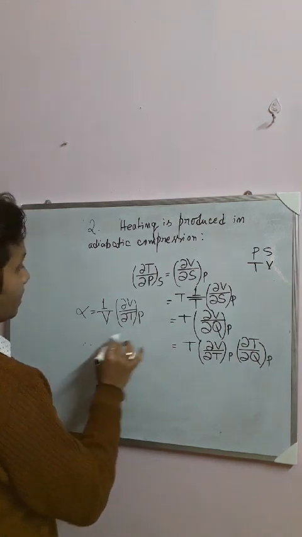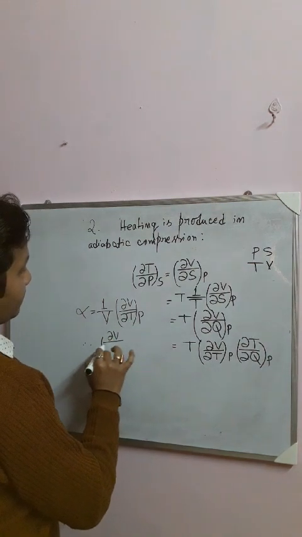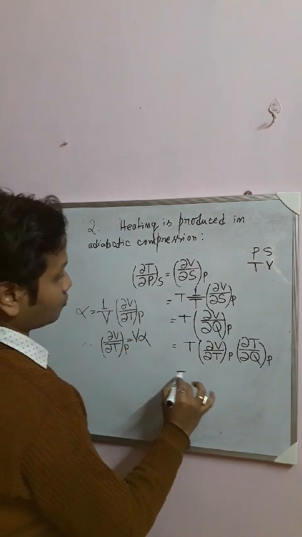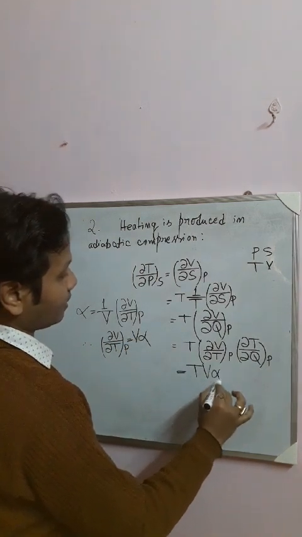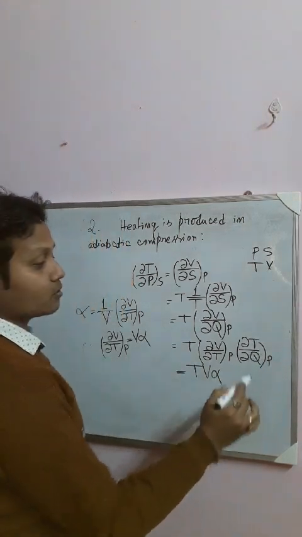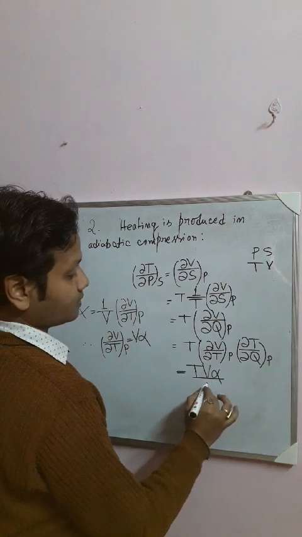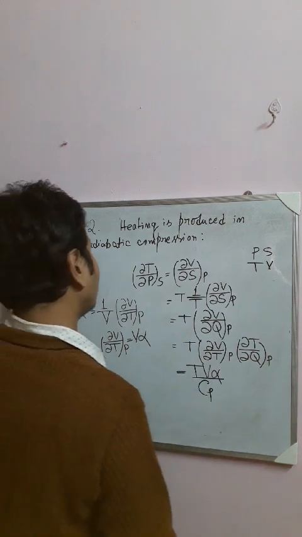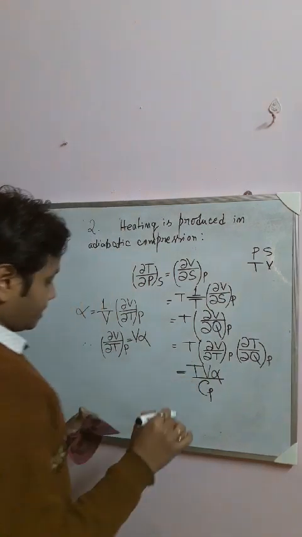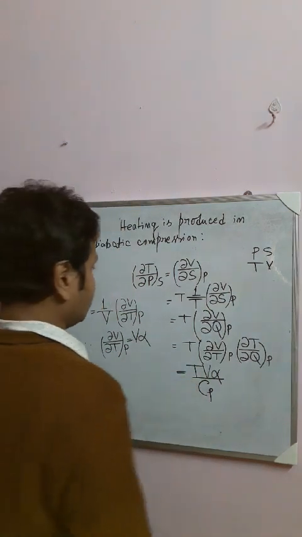From which we can easily write del V del T, pressure constant, equals V alpha. And we all know Cp means del Q del T pressure constant, so this is 1 by Cp. So we have written this expression: del T del P, S constant, means T V alpha by Cp.